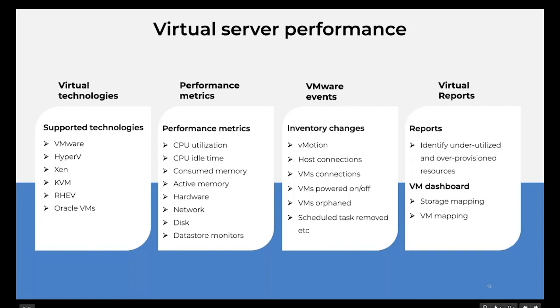And the reports module for virtual servers again includes a plethora of reports, not limited to capacity planning and forecasting alone, but an attribute-wise trend analysis report of each of your virtual servers.